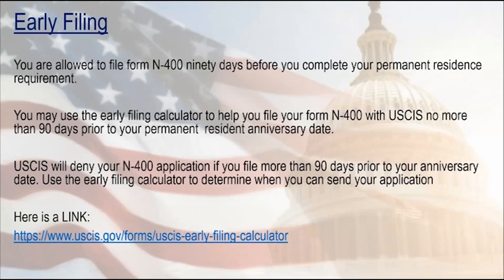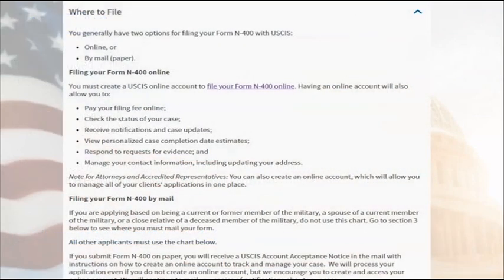USCIS will deny your N-400 application if you file more than 90 days prior to your anniversary date. Use the early filing calculator to determine when you can send your application. And I'm giving you here a link. Once again, this link will also be given to you in the description part of this video.